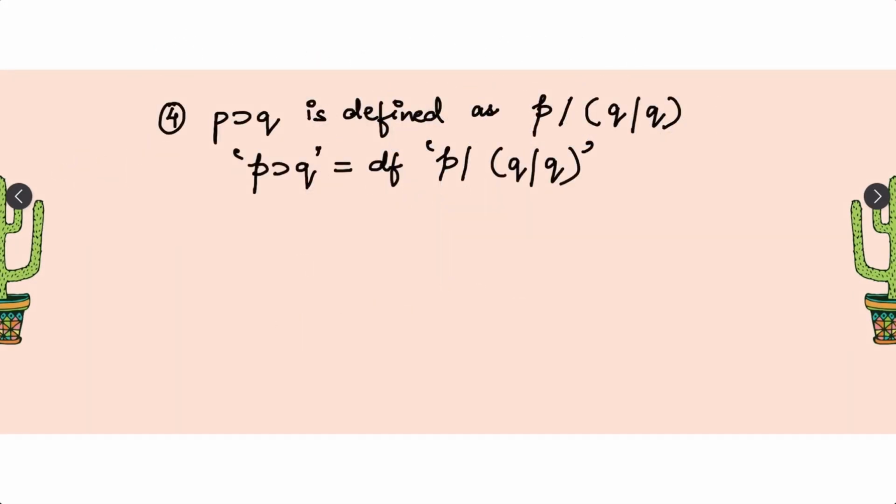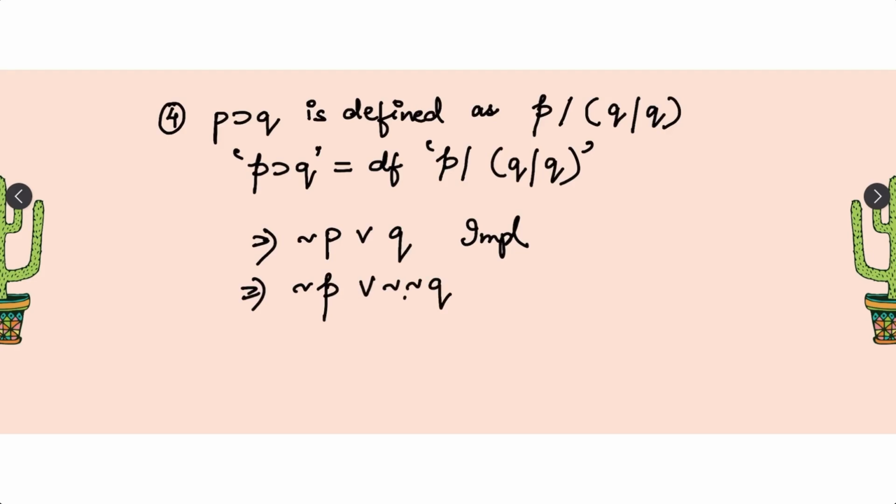Now let's see the next condition, the fourth condition: p horseshoe q. Meaning that negation of p wedge q, which we can do by using the implication p horseshoe q. After that, what we can do is negation p wedge double negation of q, here the double negation comes.